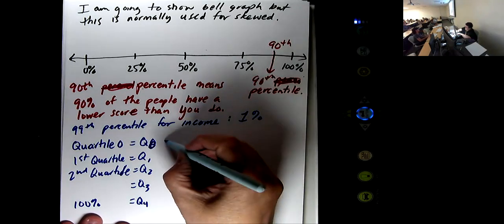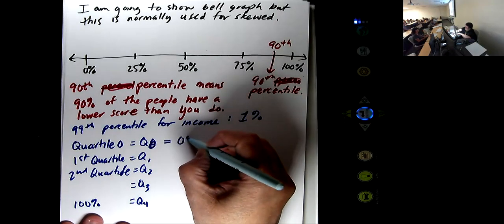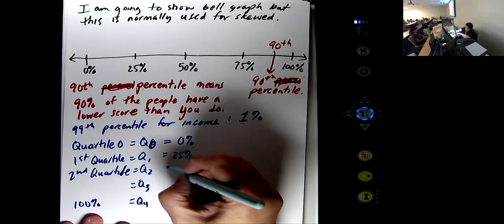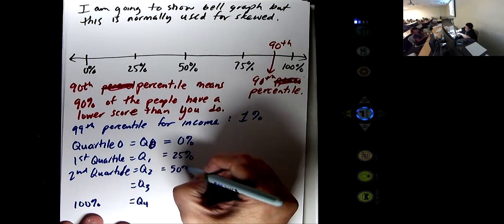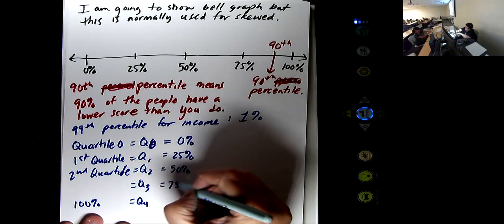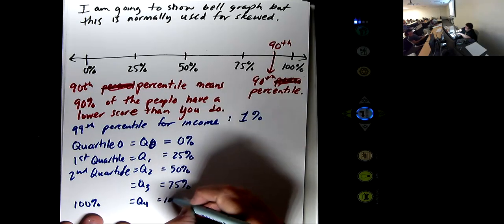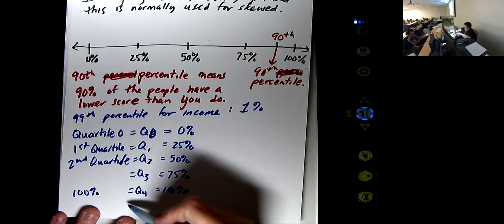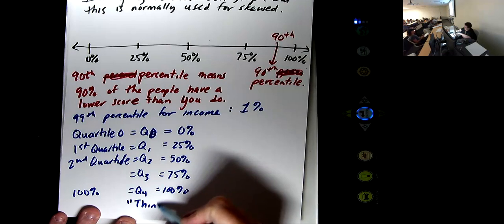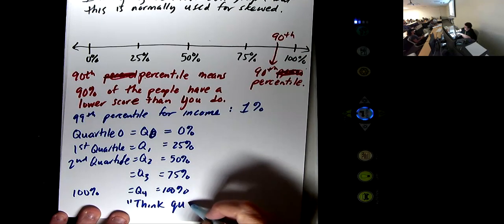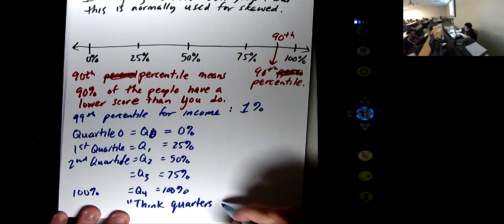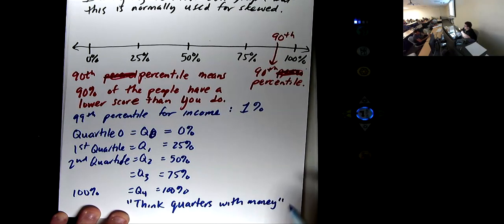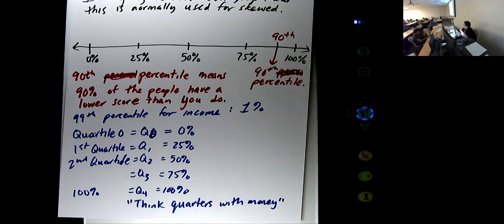So the percentages that go with these: Q0 is 0%, Q1 is 25%, Q2 is 50%, Q3 is 75%, and Q4 is 100%. Think quarters with money. $0.25, 50 cents, 75 cents, $1.